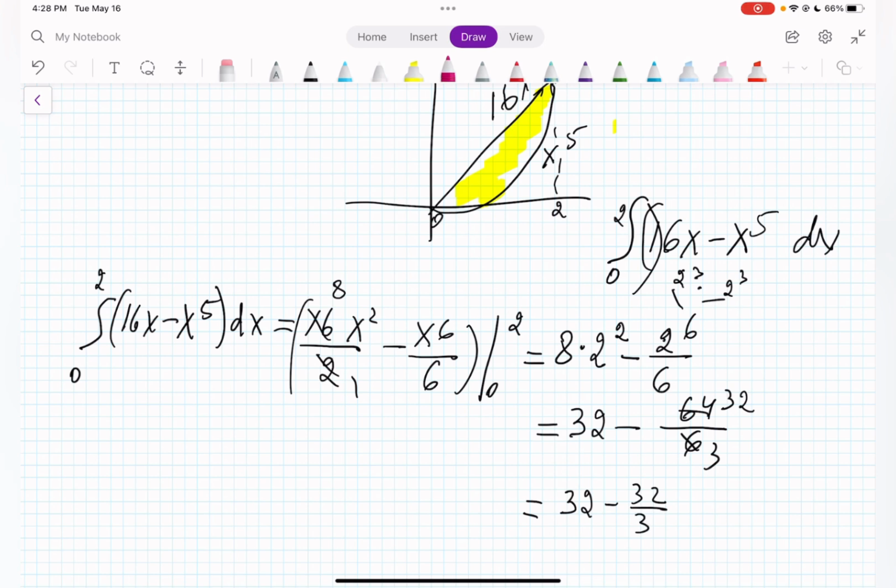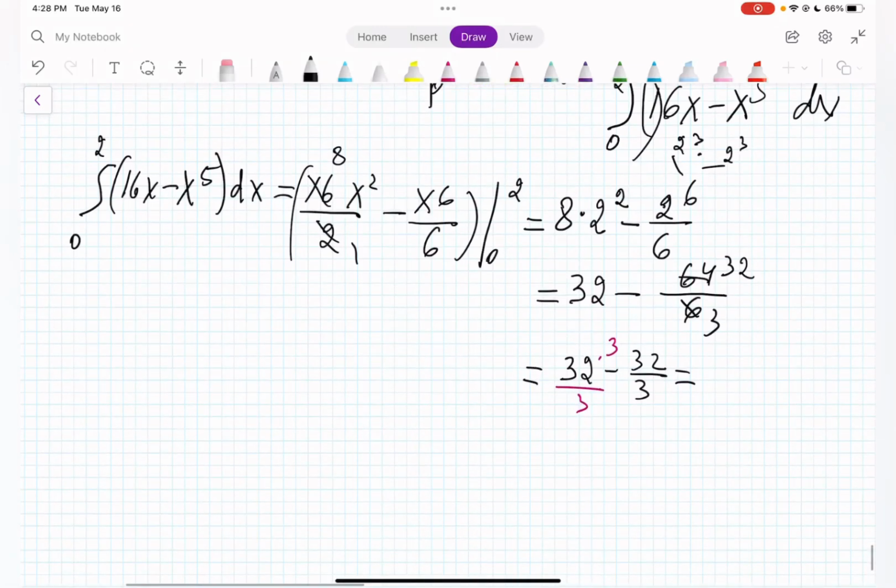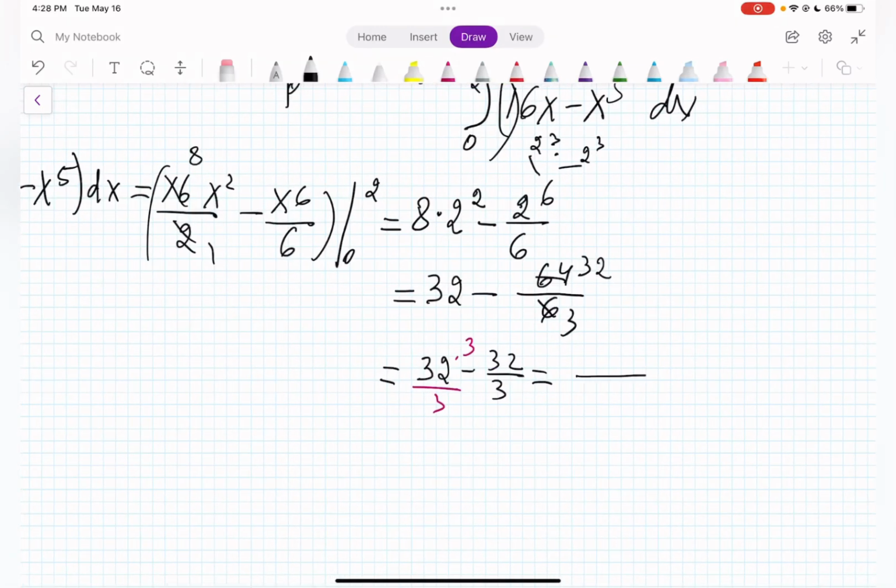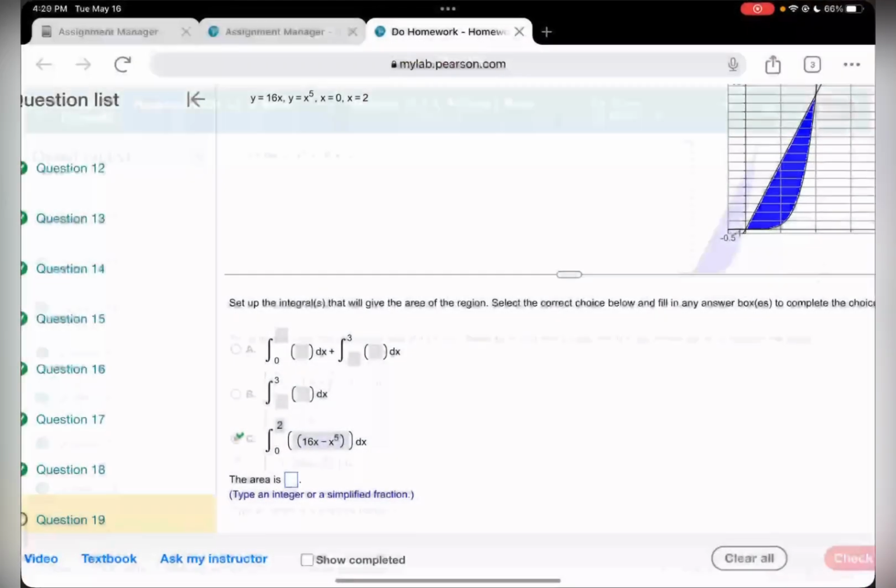Let me bring it to common denominator 3 here, and we are getting how much? 3 times 2 is 6, here is 9 over 3, and minus 32, and we get 64 over 3. Let's plug in and see what's happening.